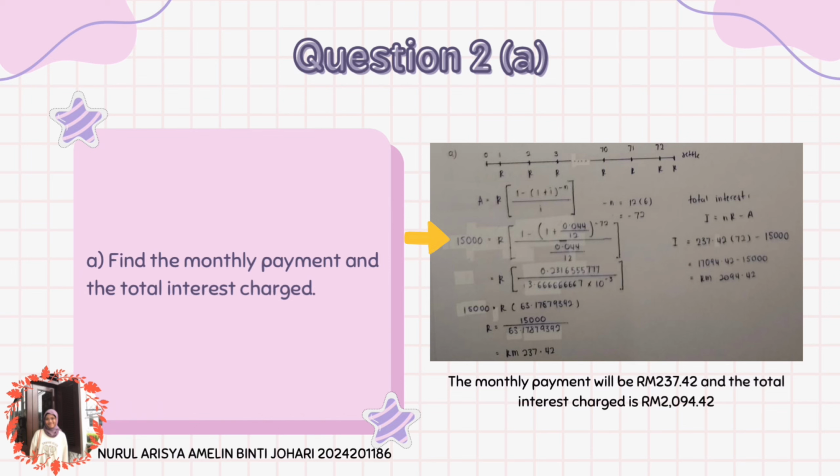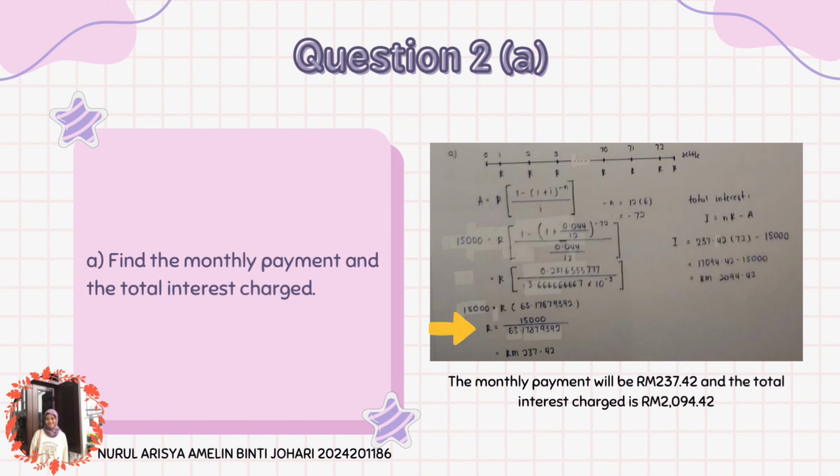After that, we will get the answer R bracket 0.23165555777 divided by 3.66666667 times 10 to the power of negative 3 bracket. Next, we will include the 15,000 equals R bracket 63.1787992 bracket.